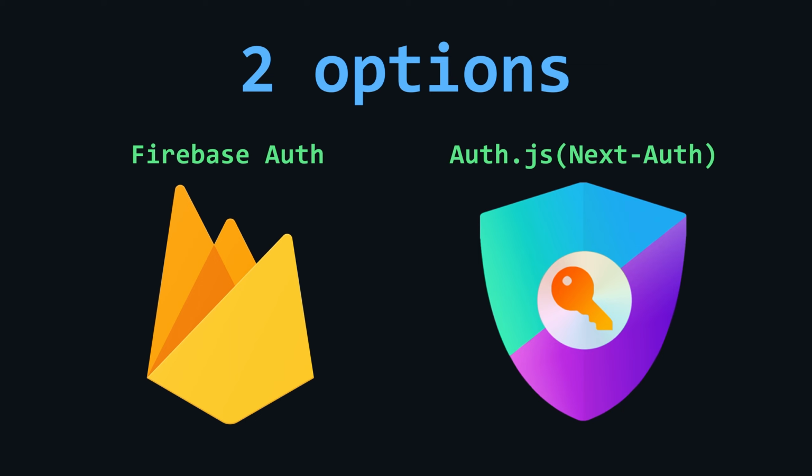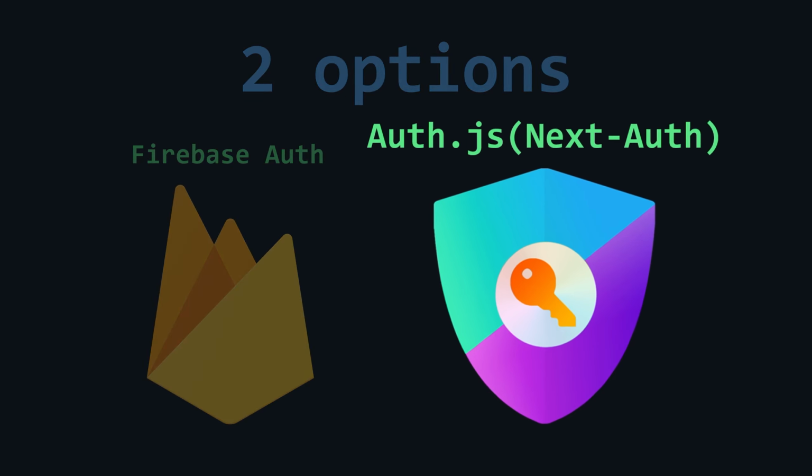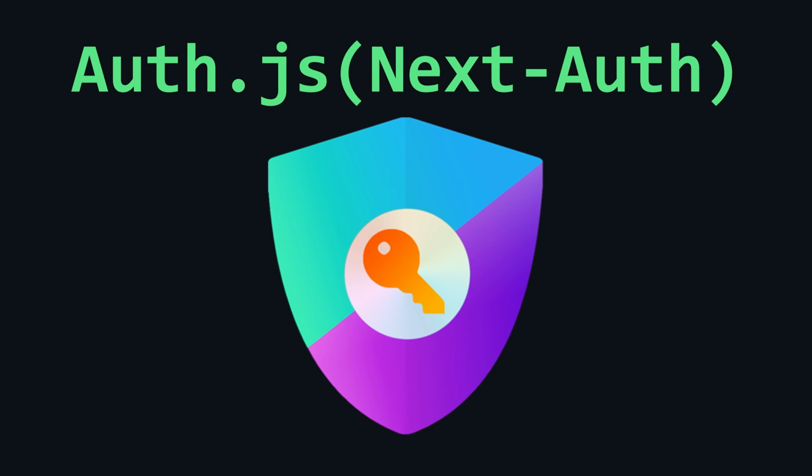The next one that I researched heavily was Auth.js, formerly NextAuth. Its primary focus from the start, when it was called NextAuth, was Next.js. And since I'm using Next.js to build this web app, that is what came to mind as a good way to set up authentication. But what really set it apart for me was that it's open source and it doesn't tie me down to Firebase as much.